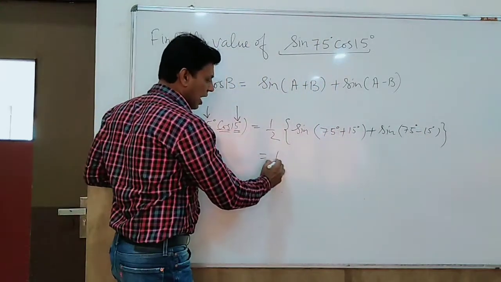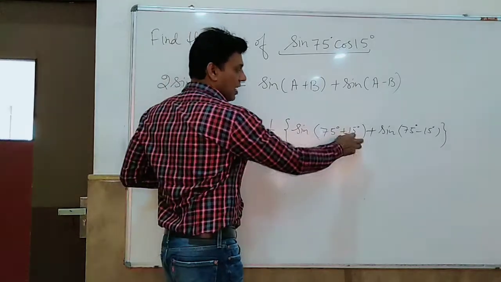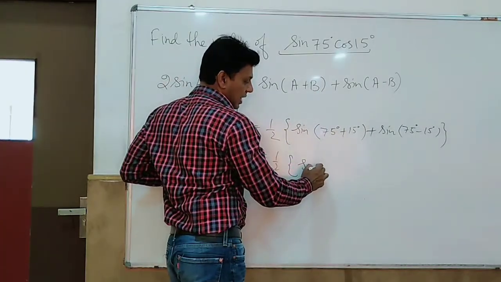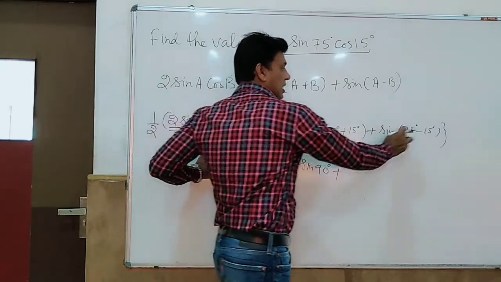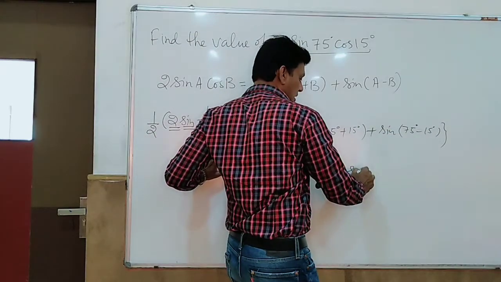So now half of sin(75+15), that is sin 90 degree, plus sin(75-15), that is sin 60 degree.